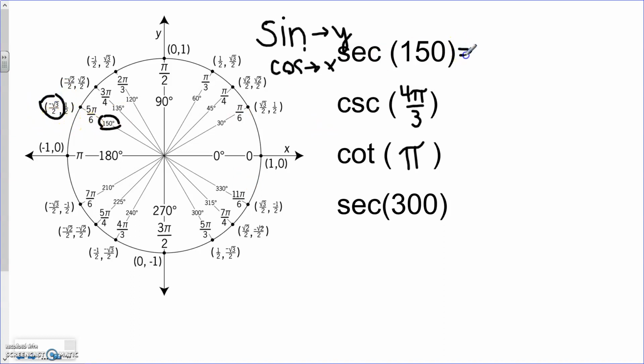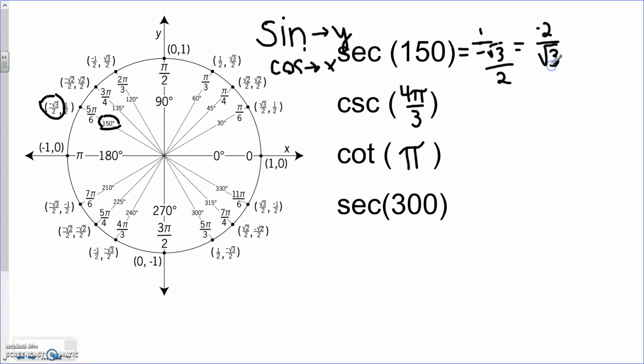So it's going to be 1 over negative radical 3 over 2. Okay, well, this does not look right to me, so I need to keep change flip or flip it. Okay, so we'll have negative 2 over radical 3.